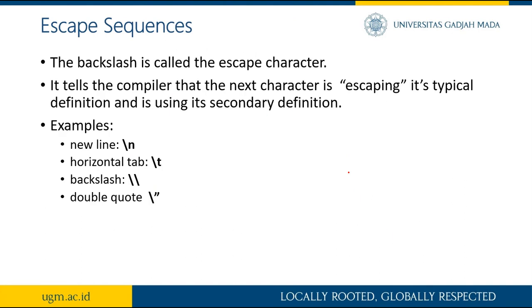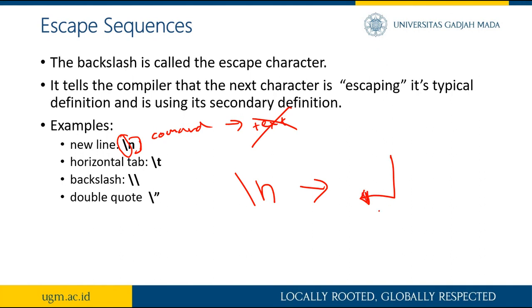Next, the escape sequence. The escape sequence means the escape character, which identifies that right after the backslash, like this one, is a code, a command, not a part of the text. \n means enter, or give a break, or get a new paragraph.